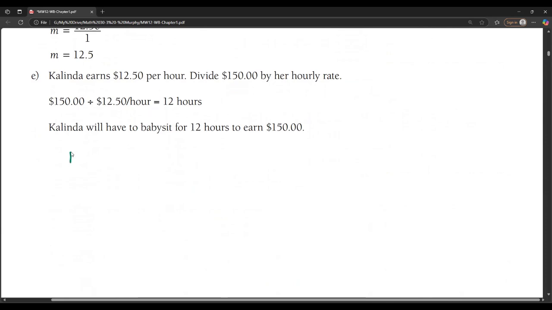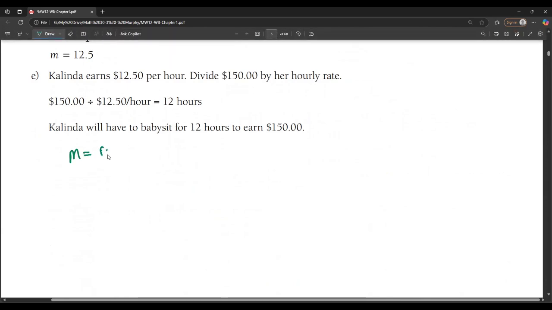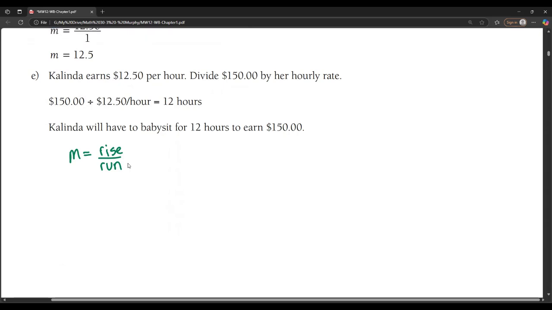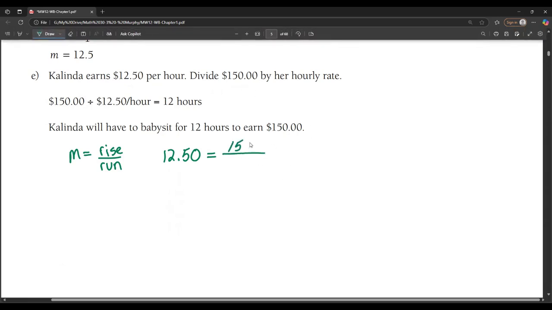Now, if you prefer the equation, right, if you just don't want to use the logic that you already have with your day-to-day jobs, you can put 12.50 in for slope. Okay. And on the graph, the 150 goes on the top because that's the rise.